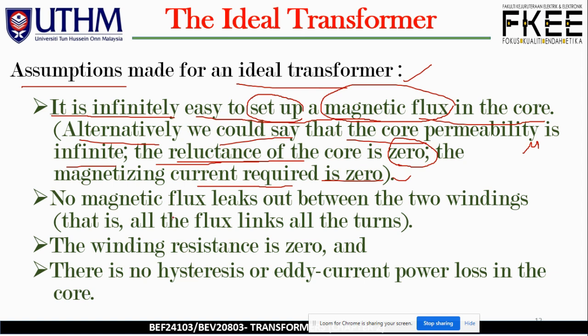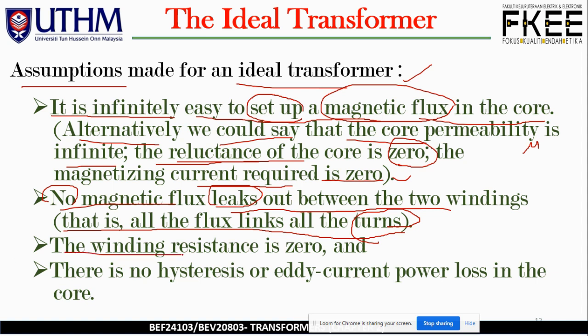Next, no magnetic flux leaks out between the two windings. So there is no leakage of flux, and all the flux links all the turns, linking from one turn to another without any leakage. Everything is perfect, flawless.